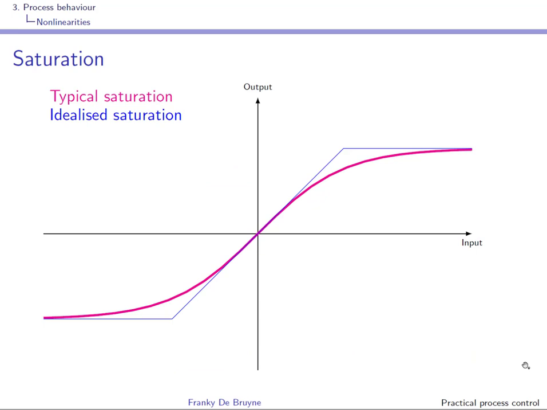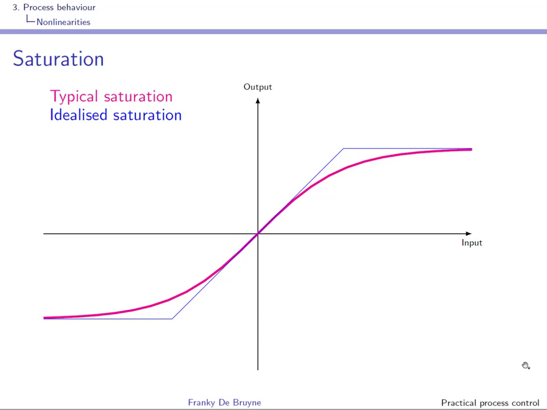The next nonlinearity that is encountered very often is the saturation effect. The idea is that above a certain input, the output is not reacting at all or hardly reacting. What you see in magenta is a typical saturation.